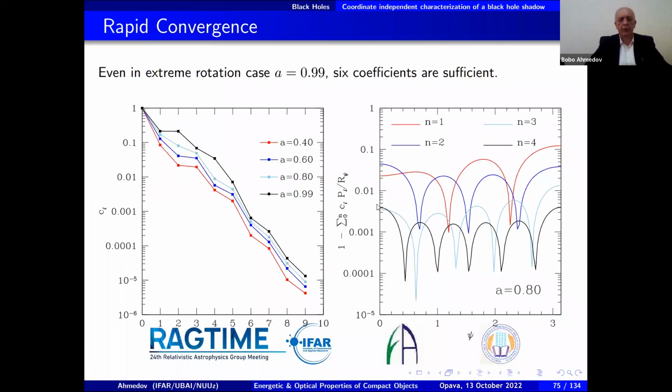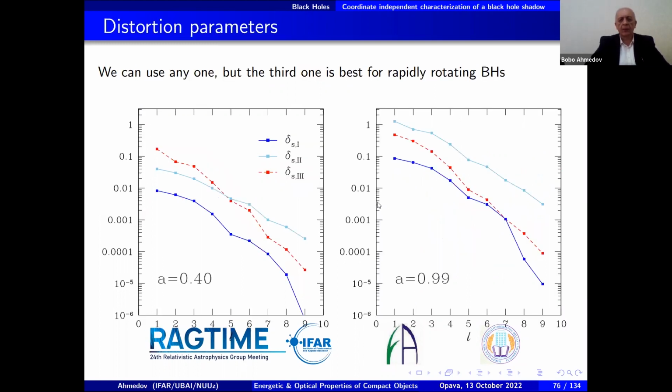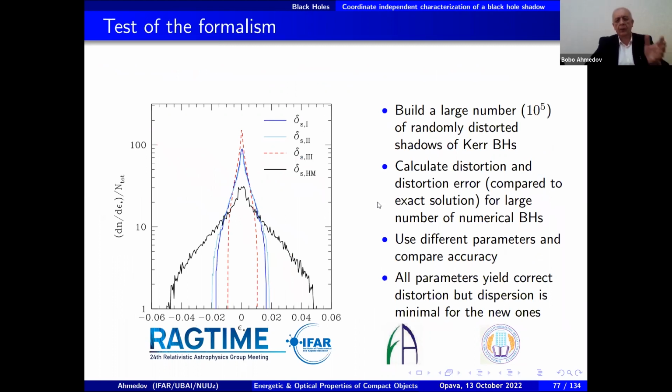It was shown that the first several expansion coefficients are enough to describe the image of the black hole, and we can introduce different definitions for the deformation of the black hole shadow, and one of them is very good.